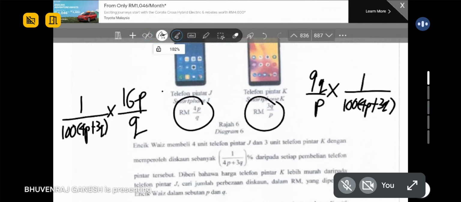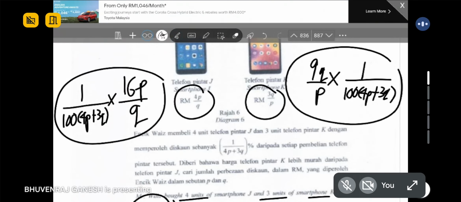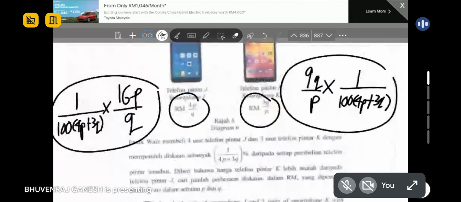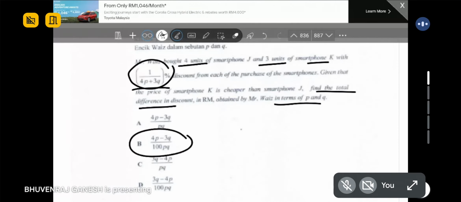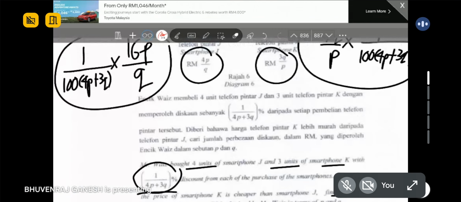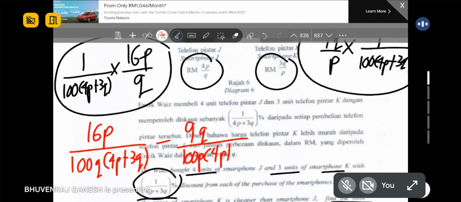So basically you need to take this, minus this. You guys just need to minus. Subtract only. So you will notice that the answer is actually B. Okay, you guys should get B, the final answer. So you just simplify, make it simpler. Okay, so you will get 16p over 100q times 4p plus 3q, minus 9q over 100p times 4p plus 3q.